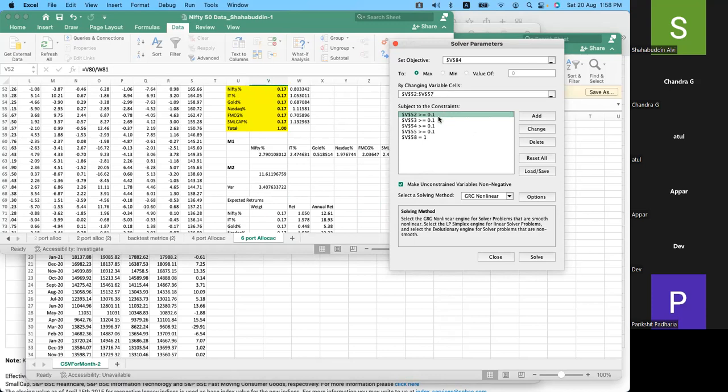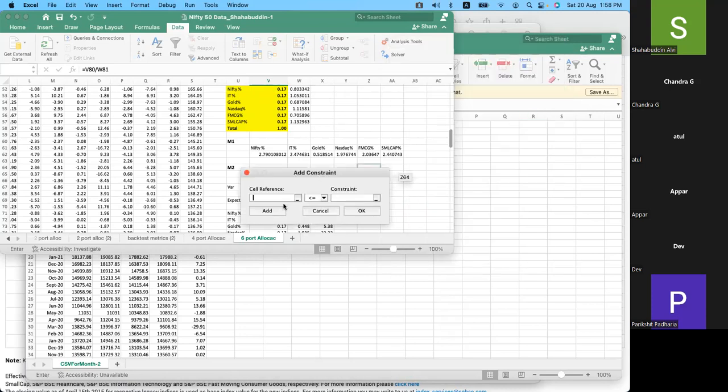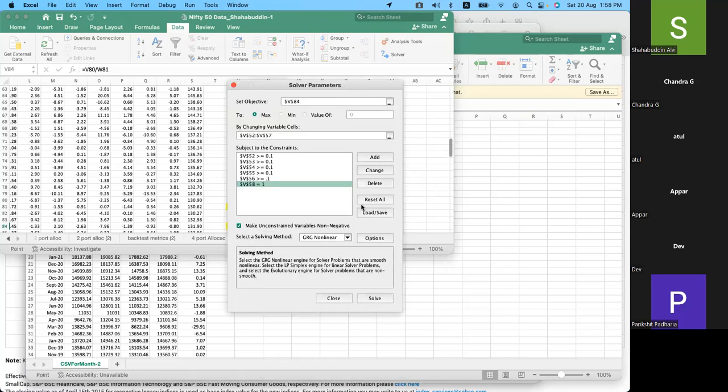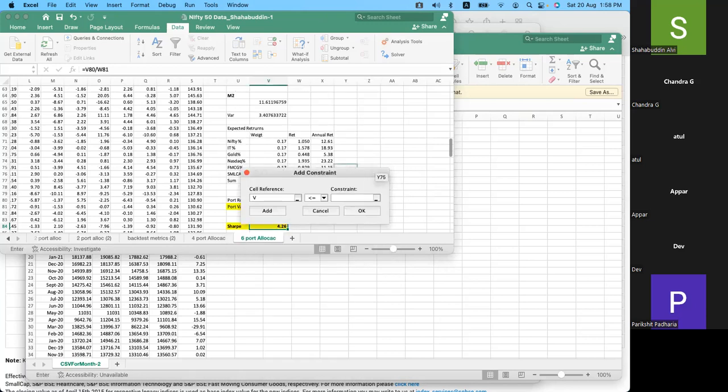Yes. Okay. Then I need to add 2 more conditions here, which is V56 is greater than or equal to 0.10. Am I right? Yeah. Add one more. It's V57.